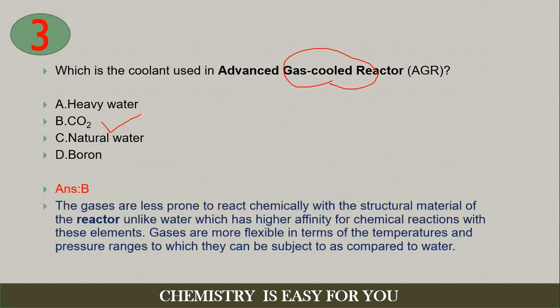Why was this question included? If a concept type of question is asked, you need to know why a gas is used for cooling rather than water. The reason is very simple. There are two points you need to remember. One, gases are less prone to chemical reaction with other materials in the reactor, because water has a very high affinity for chemical reactions. Second, gases are much more flexible in terms of temperature and pressure ranges.